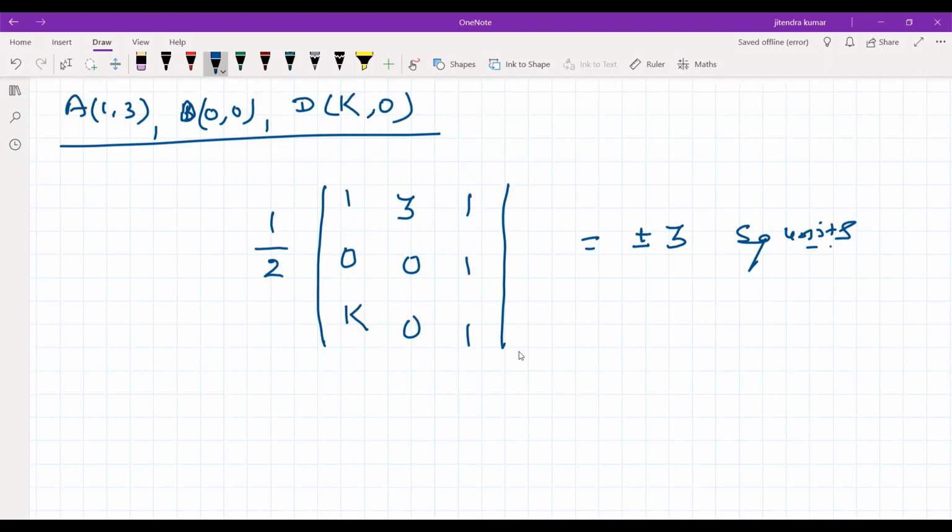So I just put down this plus minus sign here because the value of this determinant can be positive or negative. But we don't consider the sign in the area of a triangle. So that's why I'm using the plus minus sign here. Or in another method, you can put a modulus sign here. If you remove the modulus sign, there comes the plus minus sign. So I'm just directly putting the plus minus sign here. So now we have two equations.